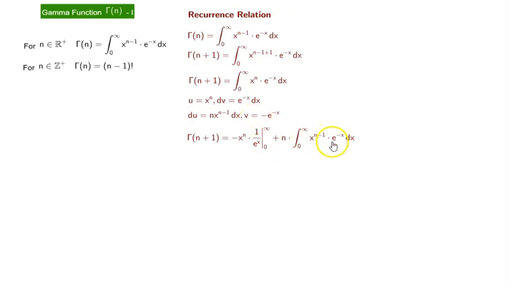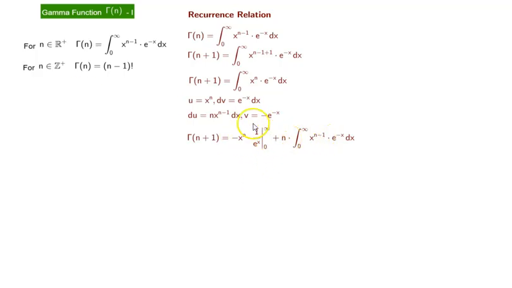V is minus e to the power of minus x. But that minus comes out and we already have a minus here, so it becomes plus. Then du. Du is n x to the power of n minus 1. N being a constant, we take it out.